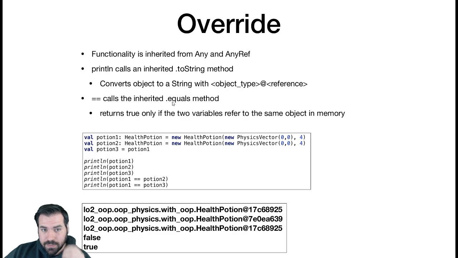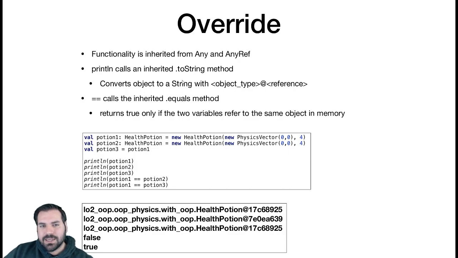So toString, you can call directly on any object. You can say .toString and convert that object to a string. This is also called implicitly whenever we print something out. If we call println of something, what println does is call toString on that object and then print that to the console.